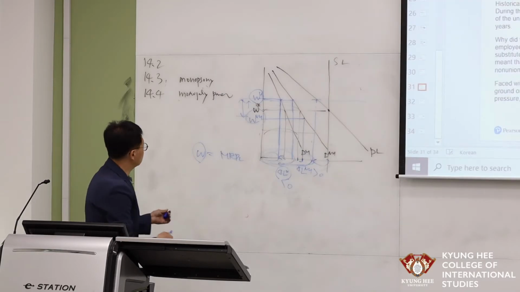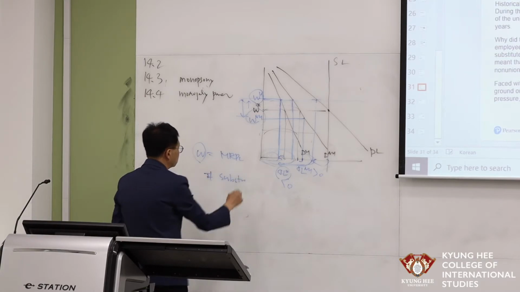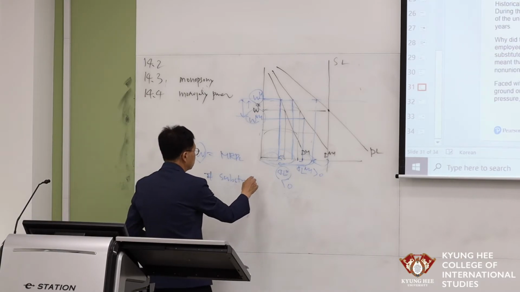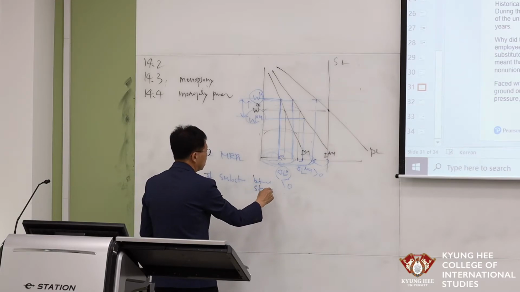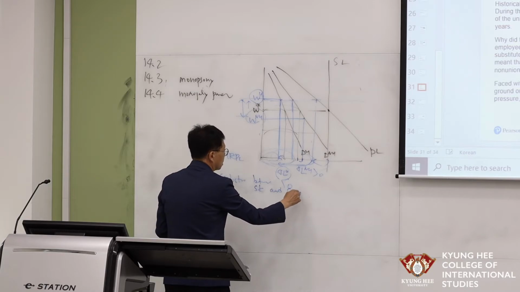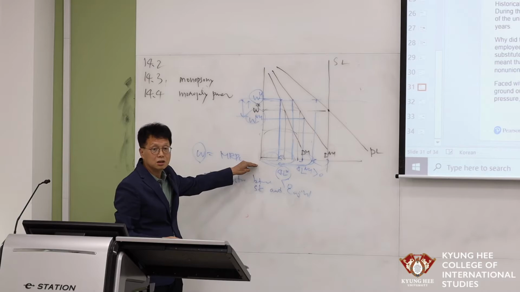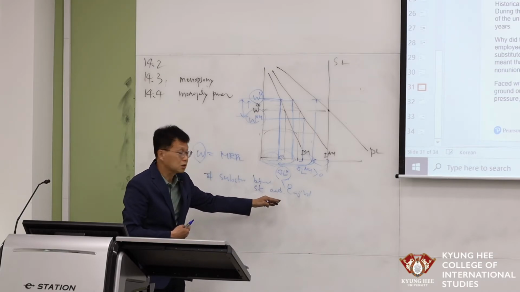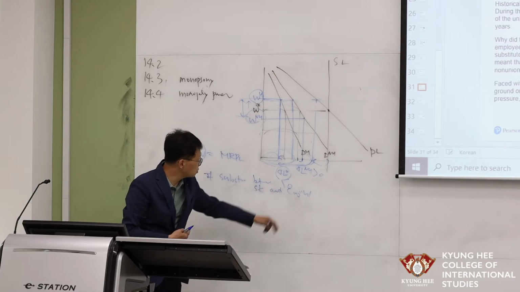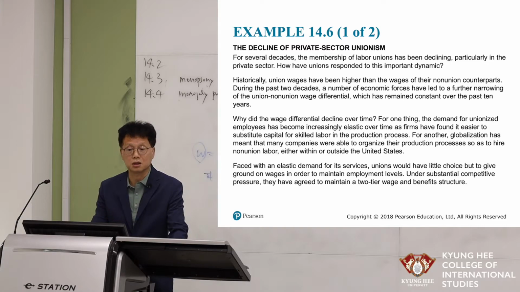So the number one reason is substitutability between skilled labor and capital. When unionized workers' wage rate increases, the firm wants to replace skilled workers with capital stock, machines or something. So automation increases. That is number one.